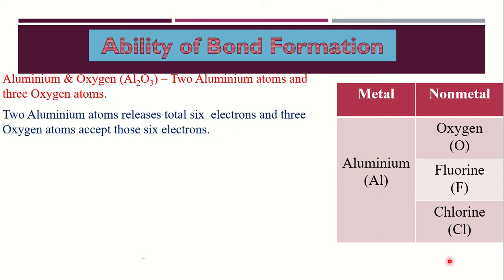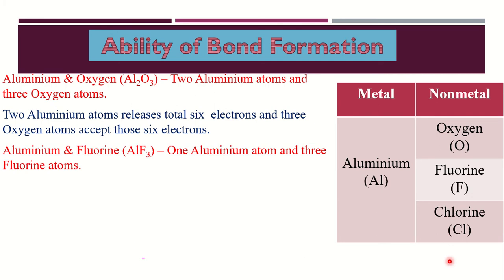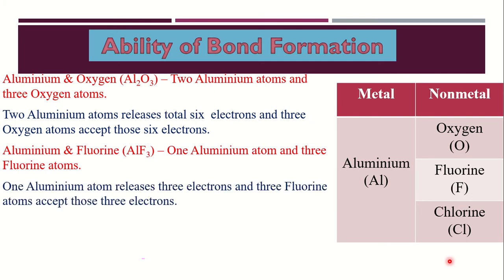So 2 aluminium atoms release total 6 electrons, and these 6 electrons are accepted by 3 oxygen atoms and they make Al2O3.